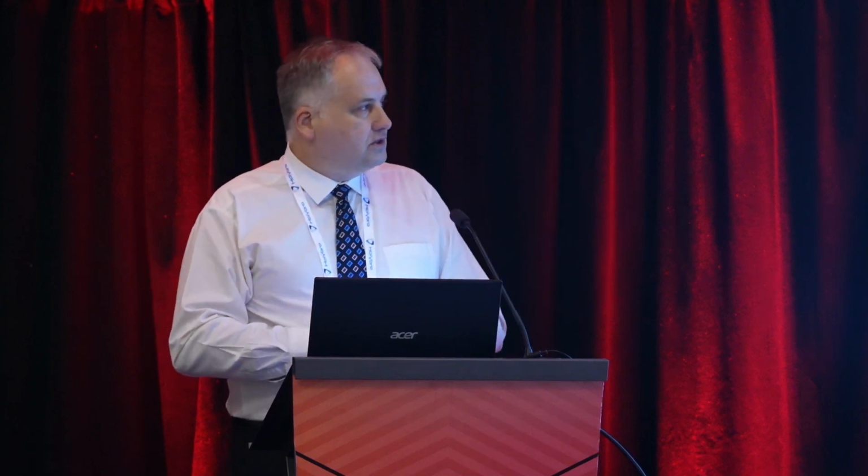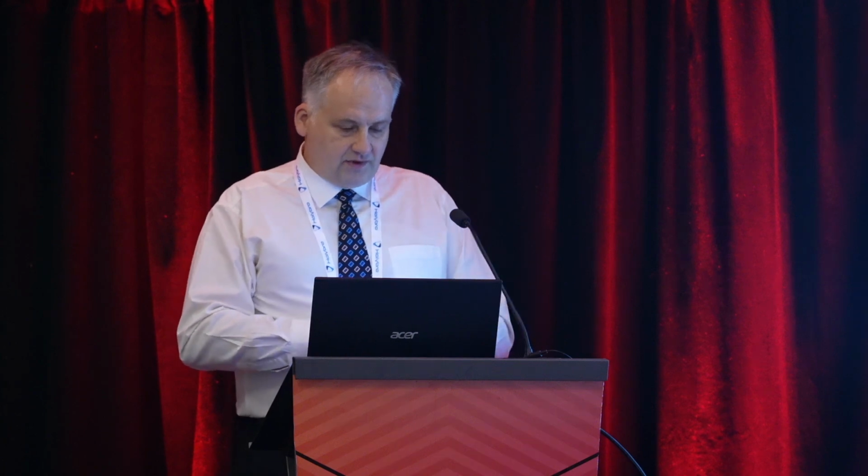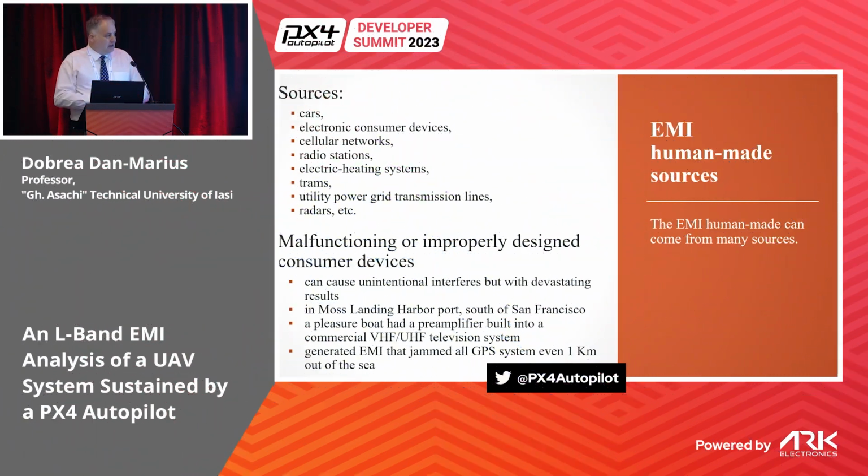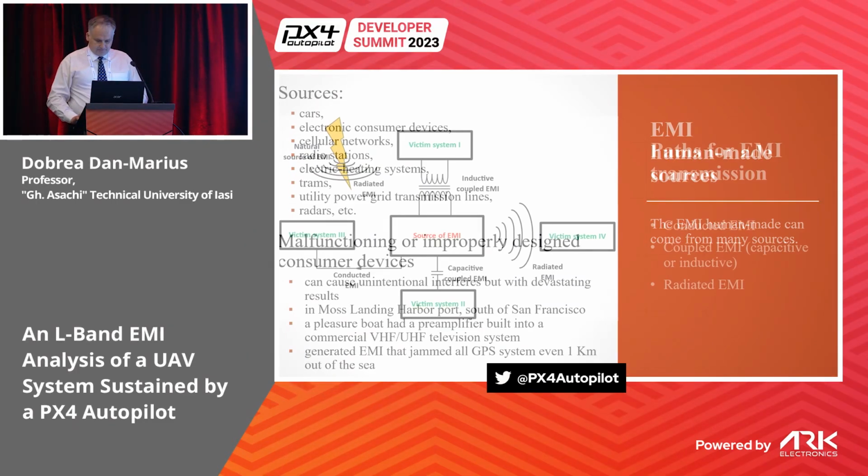Your smartphone from your pockets, different types of electric heating systems, utility power grid, radars, and so on. But here it's interesting to mention some kind of improperly designed consumer devices. In such a case, due to this kind of device, all the area related to a port and the surrounding area were impossible to use to get the GPS data.